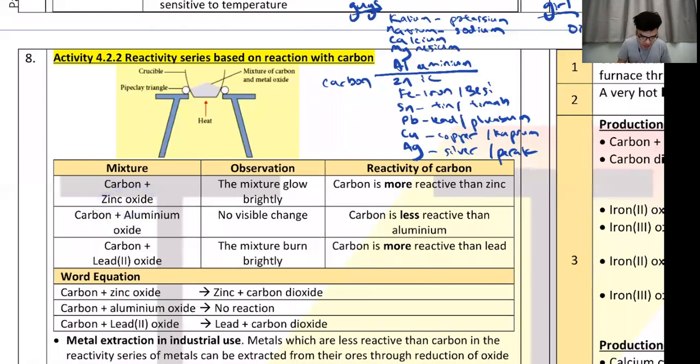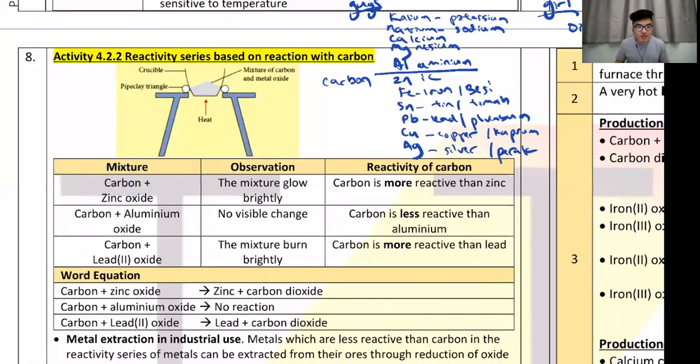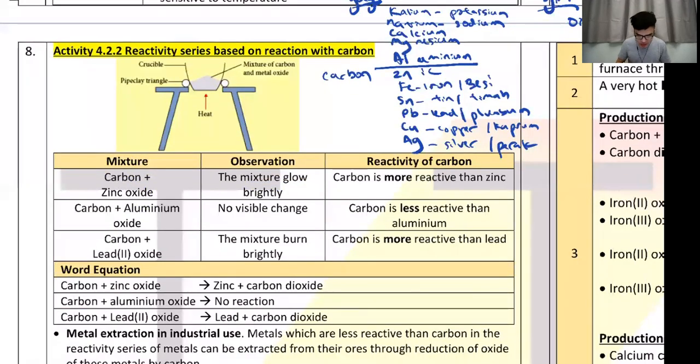So if I put carbon here, is carbon better looking than zinc? Yes, as you can see, carbon is here, zinc is here. Carbon is so much better looking than zinc. So carbon will take the oxygen away. So as you can see, the mixture will glow because carbon took the oxygen away. So now zinc is left alone.